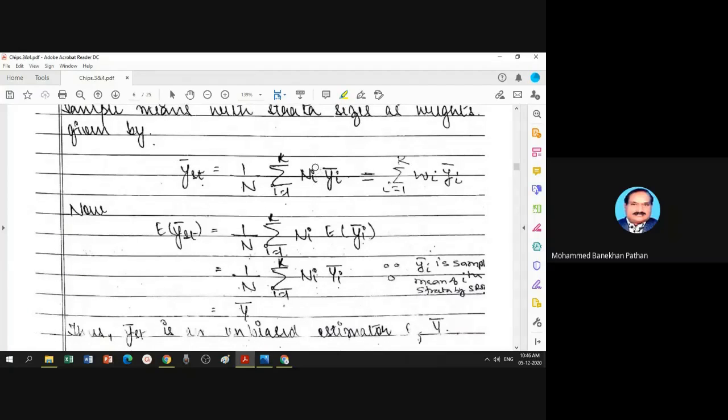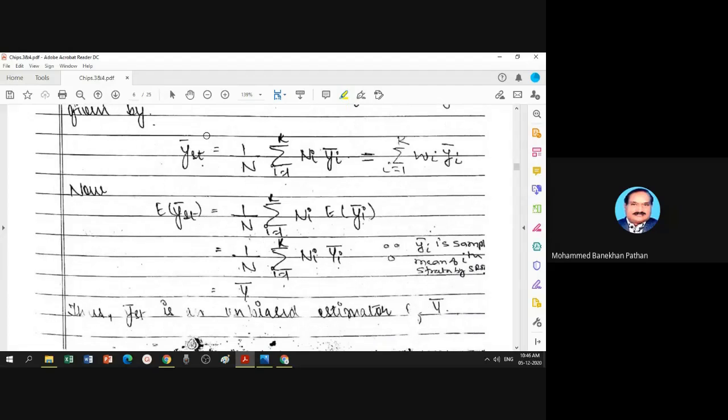Remember, capital Ni and capital N are population quantities which are often known in advance. The size is known; the values of the variable are unknown. Ni upon capital N is Wi.